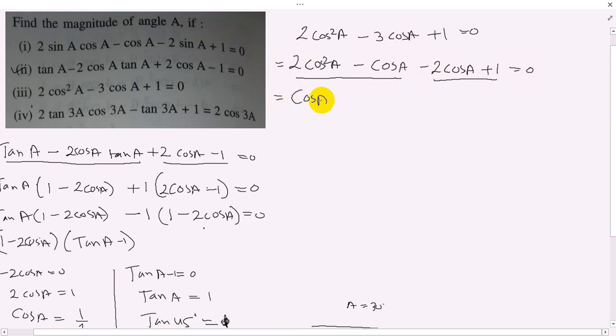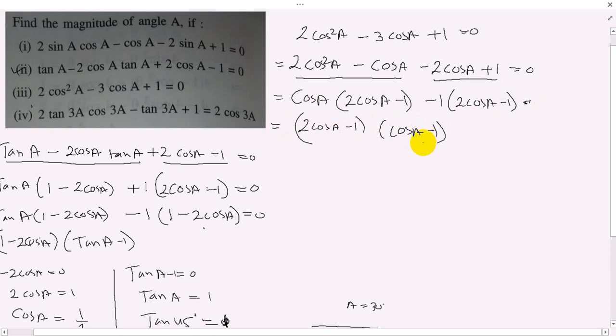Cos A. What is left? 2 cos A minus 1, and here 2 cos A minus 1 and cos A minus 1.